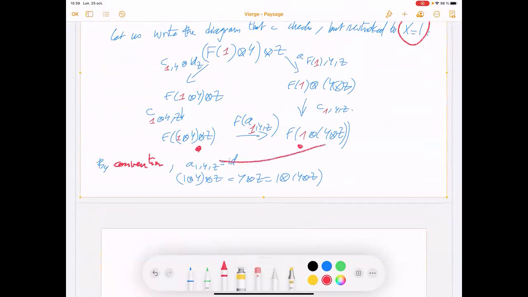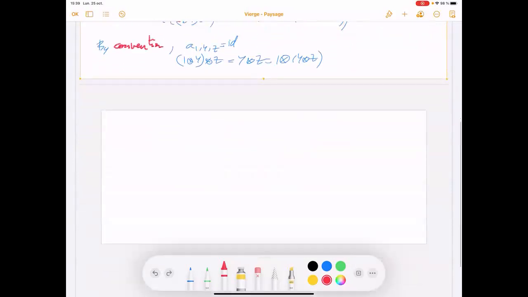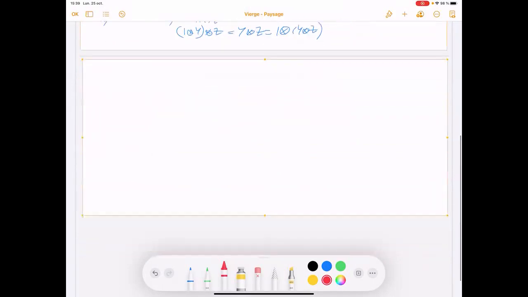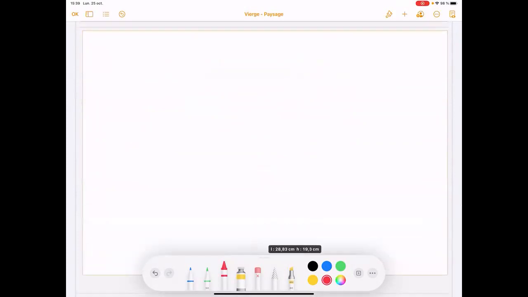So we can remove one morphism here, and instead of a pentagon we get just a rectangle. We will see that this rectangle is exactly what we need.